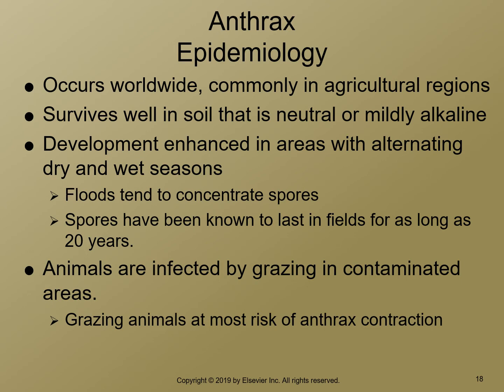Bacillus anthracis survives well in soil that is neutral or mildly alkaline, so areas with alternating dry and wet seasons enhance the development of anthrax. Floods tend to concentrate spores which remain in the grasses after floodwaters drain. These spores have been known to last in the fields for as long as 20 years. Animals are then infected by grazing in those contaminated areas.